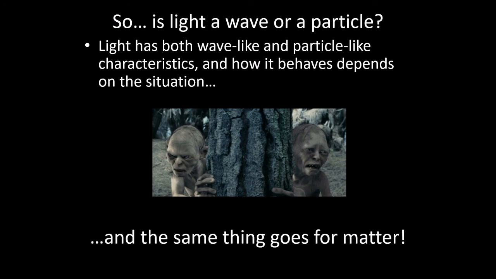In some situations it behaves like a wave, and in some situations it behaves like a particle. It all just depends. And actually, the same thing goes for matter. Everything, actually, in the universe sometimes behaves like a wave, sometimes behaves like a particle.